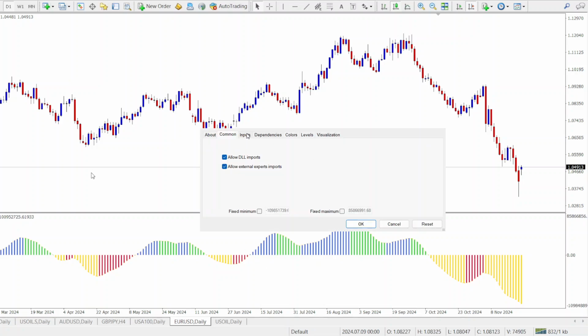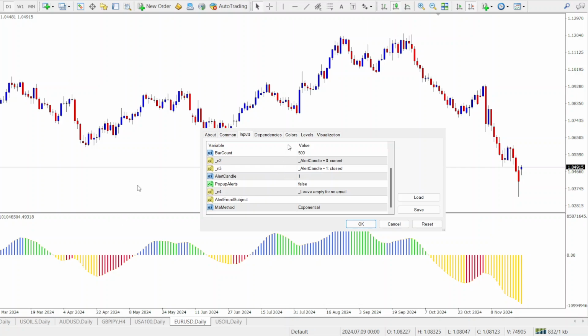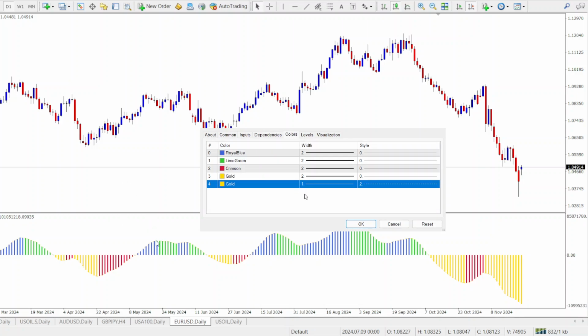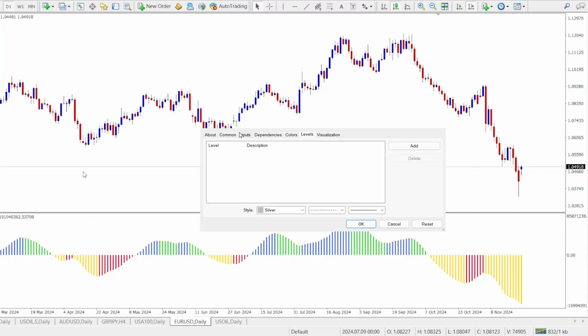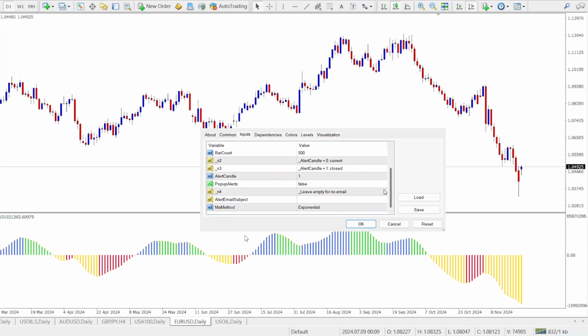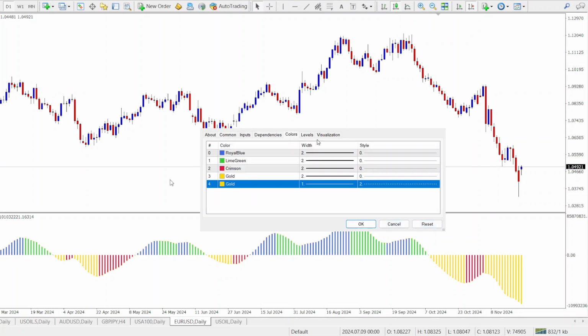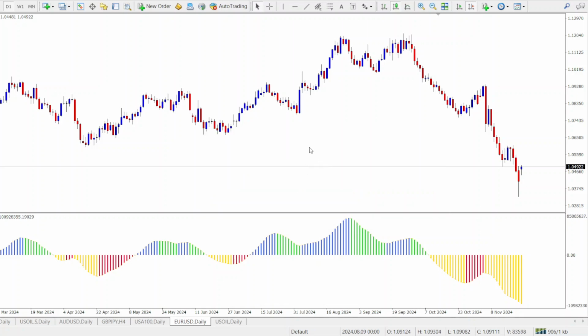Now let us briefly look at the settings of this indicator. There is no necessary thing for us to modify. We can just use the default settings the way it is.